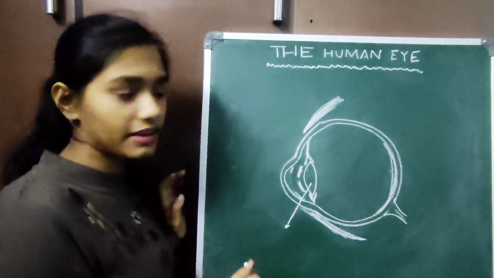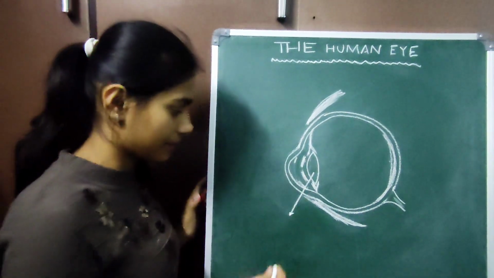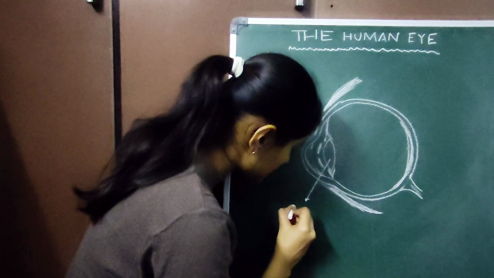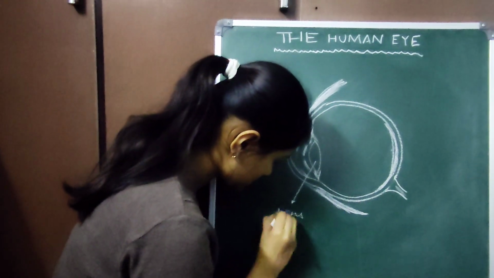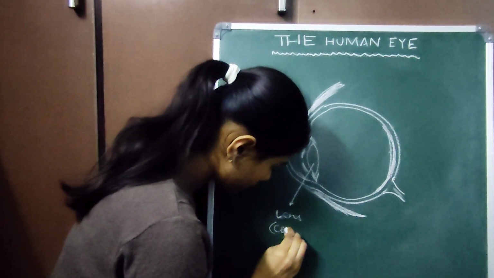It's very important whenever we are drawing a diagram that we label it. So this over here is the lens. It's convex in nature.